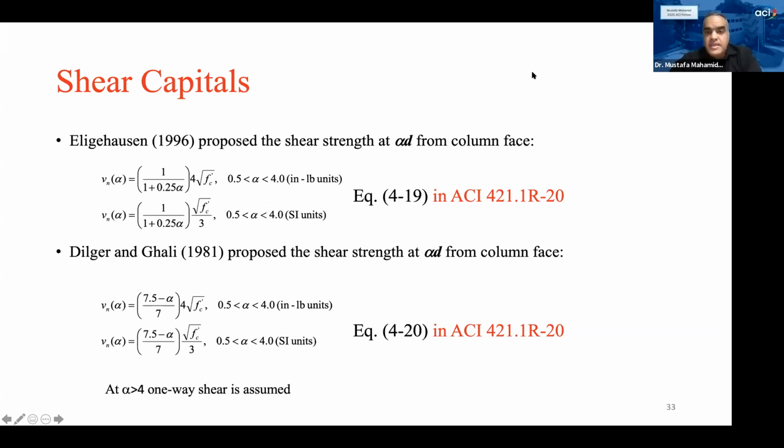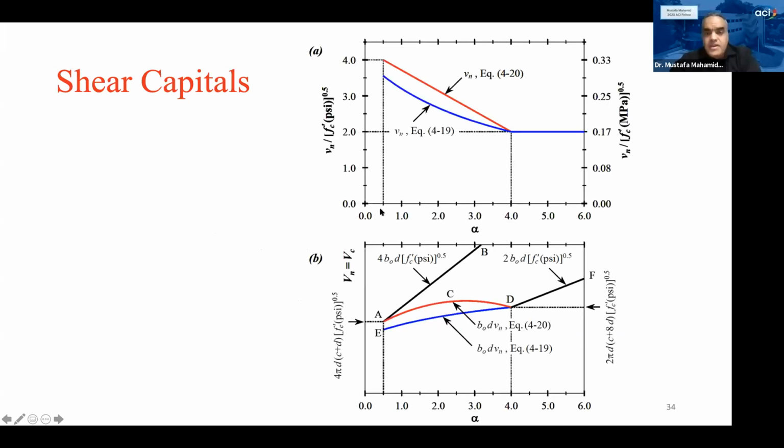If alpha is small, you have high capacity, and then it keeps reducing down to the beam shear value, which is 2 times square root f prime c.